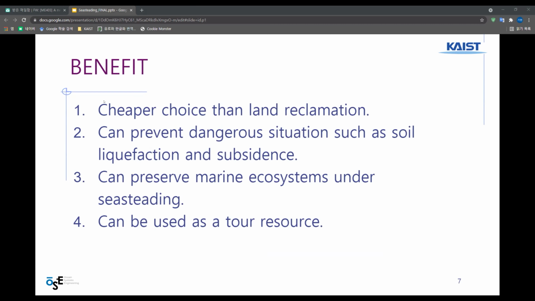So we need to prevent these problems. And next, reclamation projects destroy the ecosystem by blocking the sea, but the sea study can protect the ecosystem by keeping the sea beneath the system. Finally, we can use the system as a tourism resource, such as creating a natural aquarium by using the space under the system.